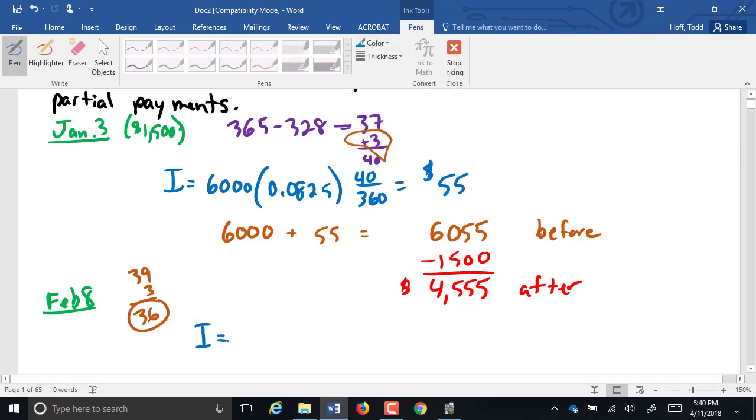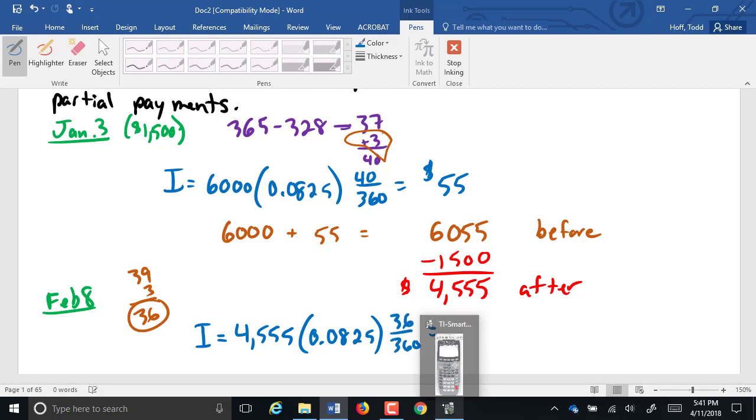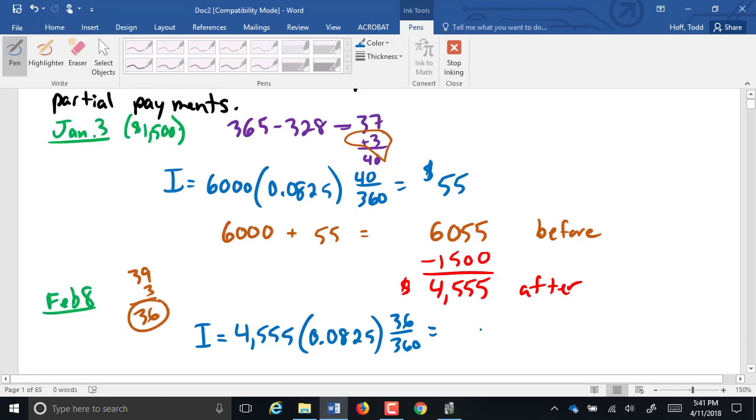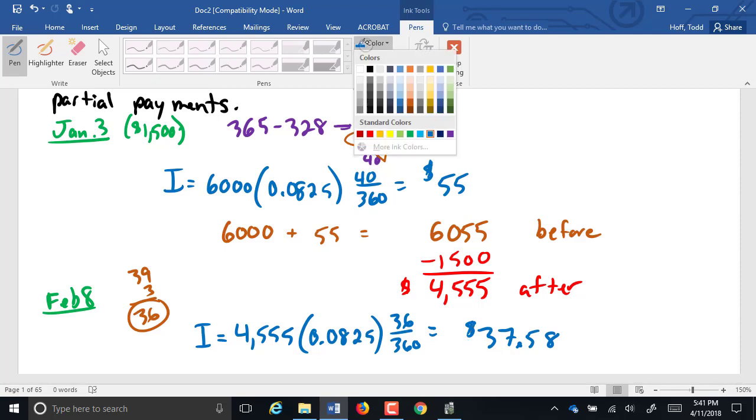What's the principal we're going to use to calculate our interest? $4,555 times 0.0825, perfect, times 36 over 360. $37.58 is our interest.